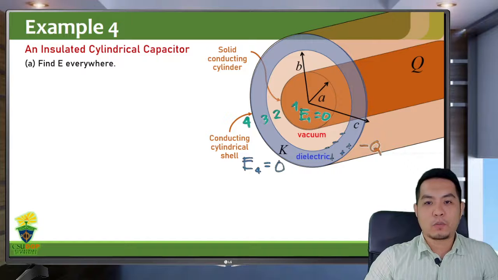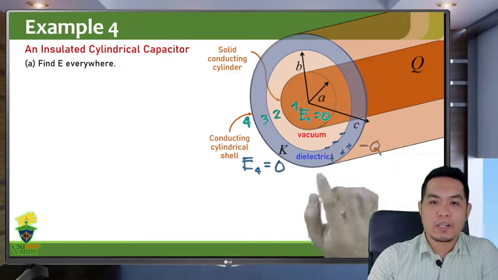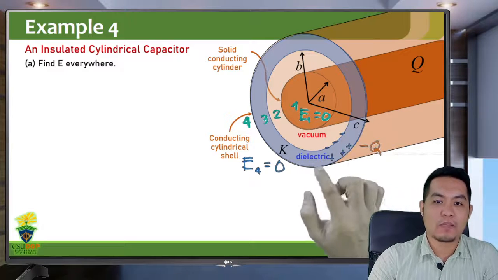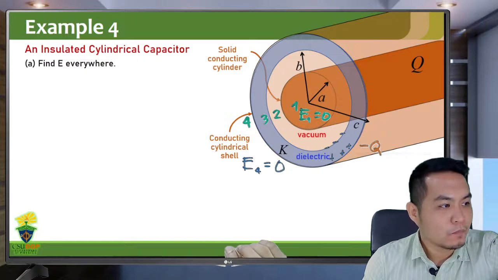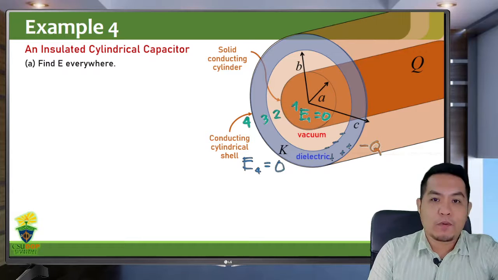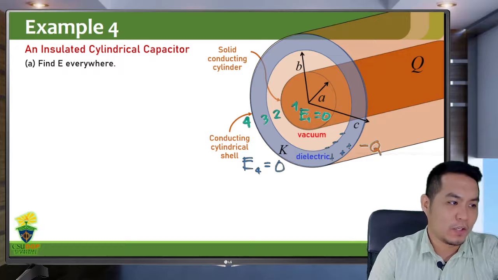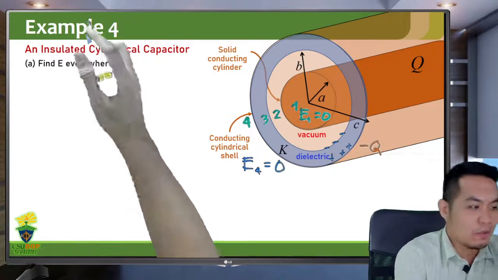So there will be induced bound charges at the inner and outer surface of our dielectric. We only need to find 2 electric fields, E2 and E3, in region 2 and region 3. So let's first use Gauss law for dielectrics.